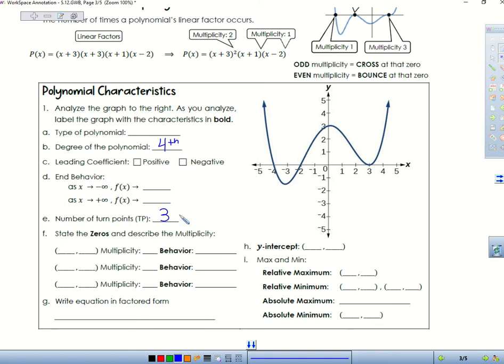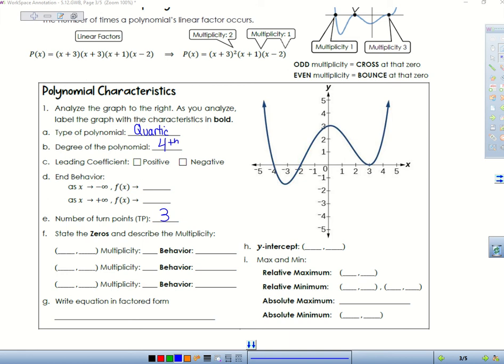In 5.1, we learned that there are names for different degrees of polynomials, okay? Anybody remember what we call a 4th degree polynomial? Quartic. Good, quartic. You don't have to have those memorized, as they are listed in a chart in the front of your notes, but you can if you want to. If anything is beyond 5th degree, we just call it 6th degree, 7th degree, because there are no names past that point.